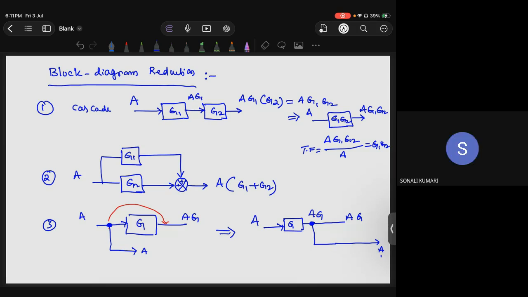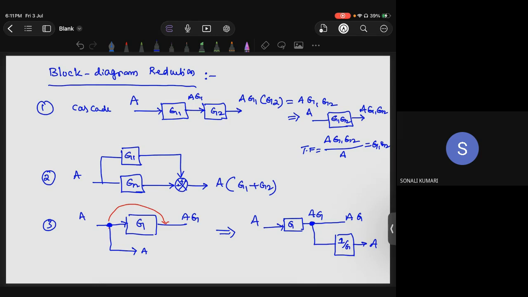Divide by Z, exactly. So add a block here, 1 by Z, and that will give you A. Is this clear? So the output should not change even after reduction, even after shifting.